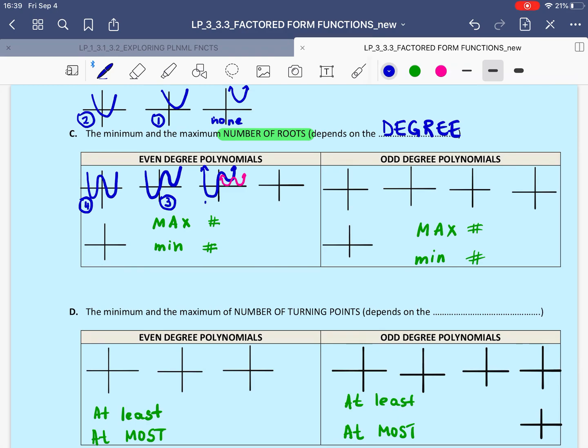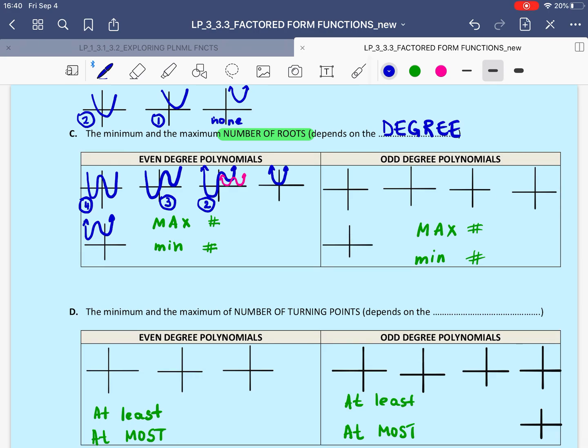So here we have only 2 roots. Well, it can also have only 1 root, and we've all seen y equals x to the power 4 before. Okay? And it can also have no roots at all. And I'll make this example a bit more interesting. So you can have something like this.